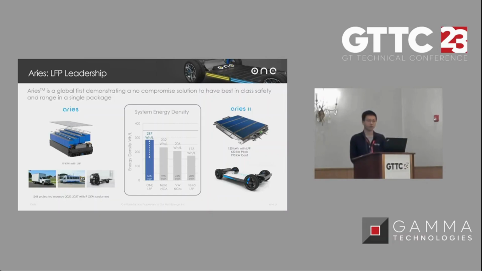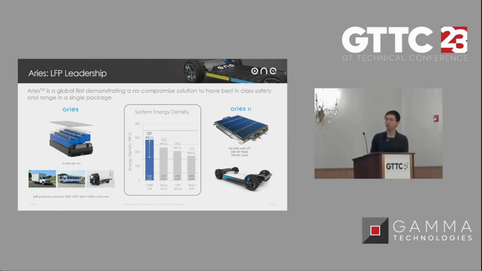One of the products, as you can see on the left, is Aries, which is a graphite cell used in commercial vehicles. And also on the right, Aries 2, this product we're developing with higher energy density.